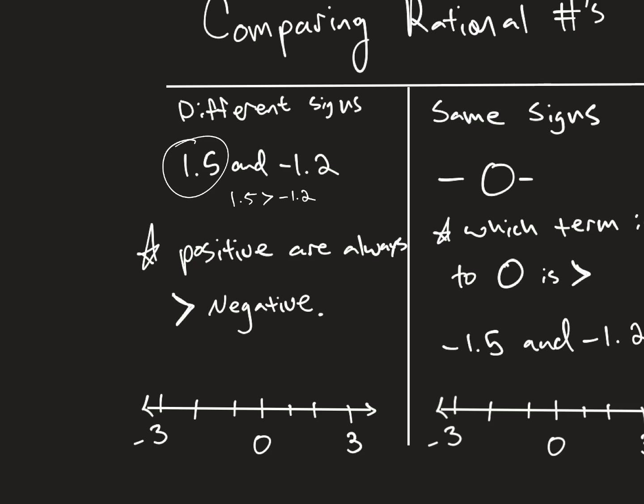If we want to visually show that, we can plot it right there. 1.5 is right about there. Negative 1.2, negative 1 is right there, and 0.2 is right about there. So we would have negative 1.2 or negative 1 and 2/10. We know 1.5 is greater than this one.